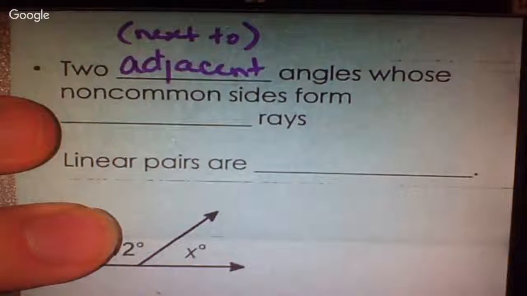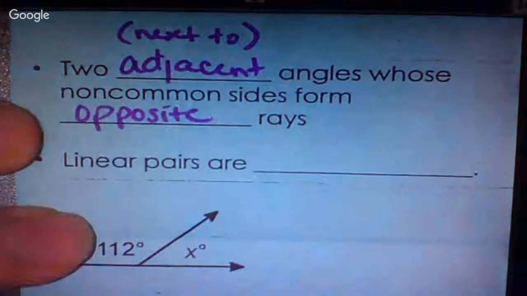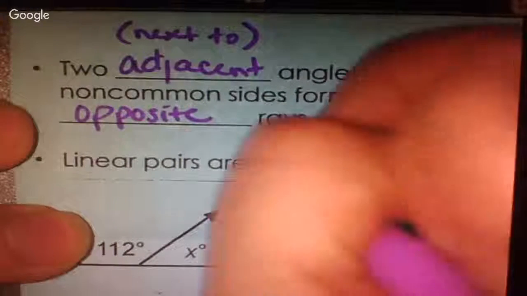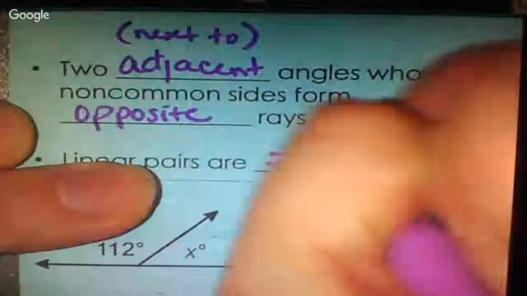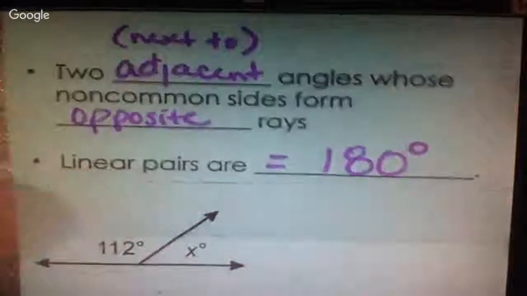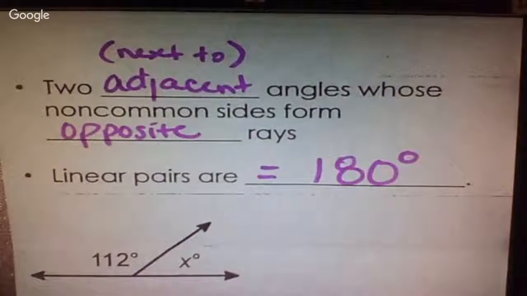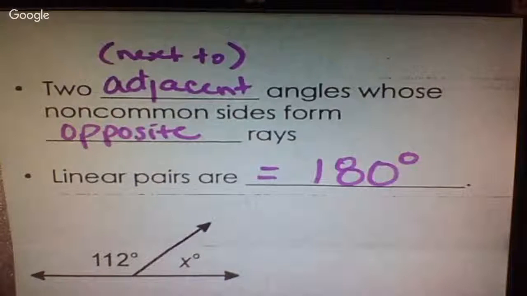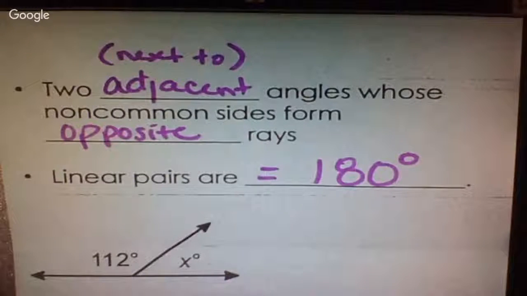Two adjacent angles whose non-common sides form opposite rays. If linear pairs make a straight line, that means linear pairs are equal to 180 degrees. If two angles form a line, that means they're equal to 180 degrees.